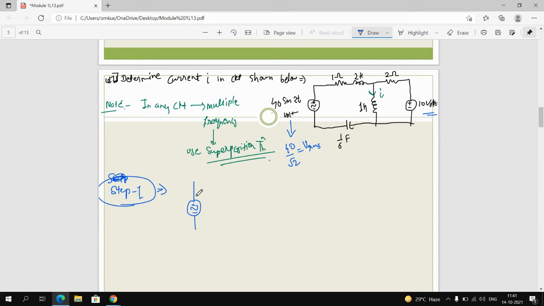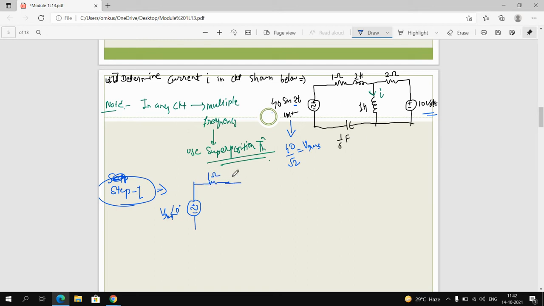So calculate this using directly Vrms at an angle of, what is the phase displacement here? Nothing. So you can simply write 0 degree. Now this is the value of omega, so put this value in this L. So you will get the value of XL.